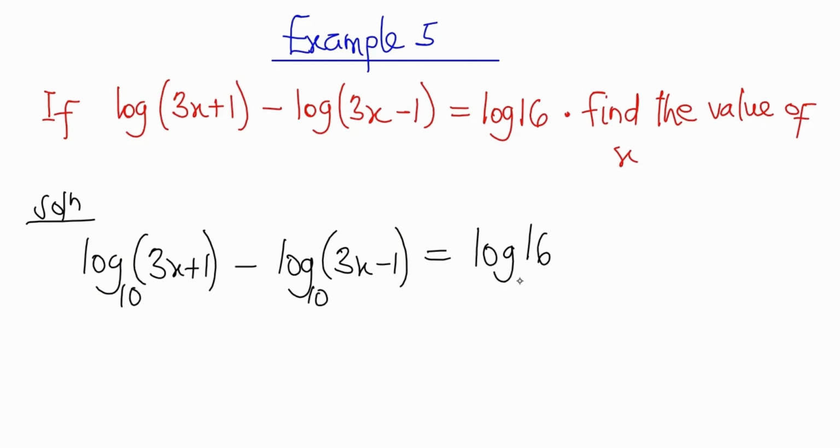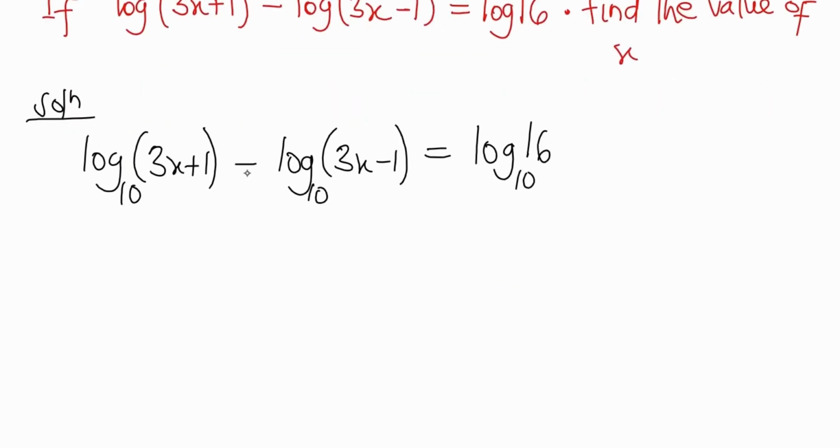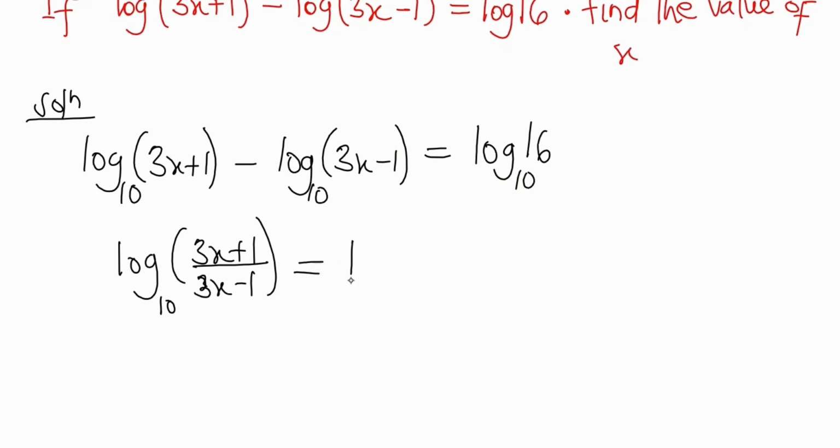Now, applying the laws of logarithms, logarithms of the same base, when they are being subtracted, we can divide. So we can write the left-hand side as a single logarithm: the logarithm of 3x plus 1 divided by 3x minus 1, base 10.